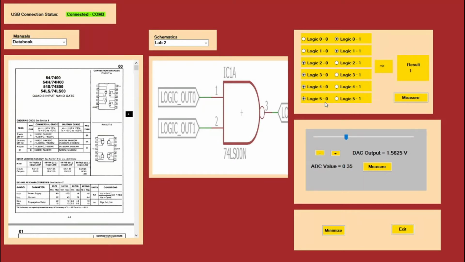So anytime A is 0, the output is 0 because A is ANDed with the output of B or C. So all those will yield a 0. And if B and C are both 0, that'll also yield a 0. And then the rest should be 1s.